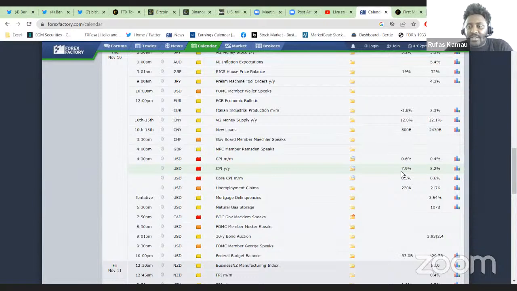However, if the inflation rate remains high, let's say at 8.2% or even higher, then it would imply that the interest rate hikes are not being very effective, and the Fed would be convinced to make an even bigger hike. So this is one data point we are looking to combine with the non-farm payrolls data from last week in order to understand the Fed policy. Once you get this, then perhaps you understand where the market is headed next.